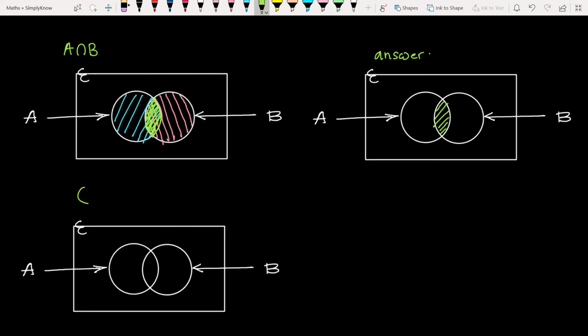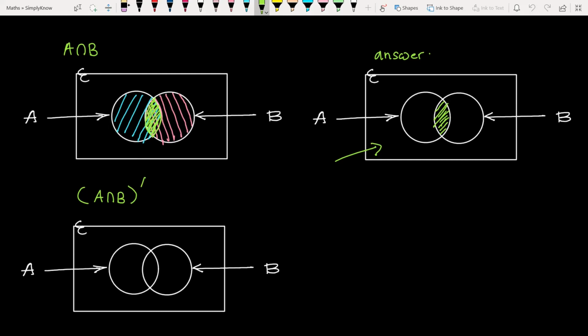What about complement of A intersection B? Of course, it should be the opposite of what we just did. So opposite of this, right? So that is everything that we did not shade, and it is everything except the middle.